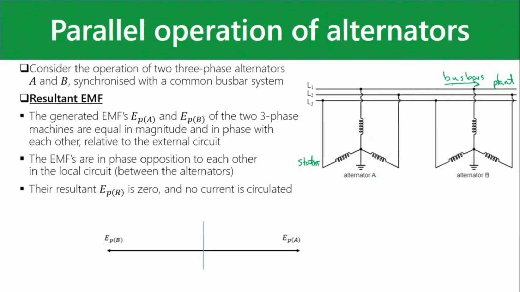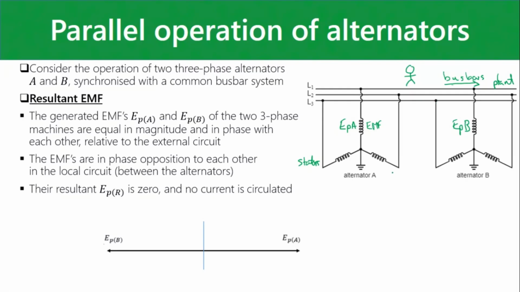If this was the voltage across this phase, we call that EPA. Let's call this EMF EPB. If we're standing over here at the bus bars, these must be in phase with each other. Otherwise, there's a big problem.